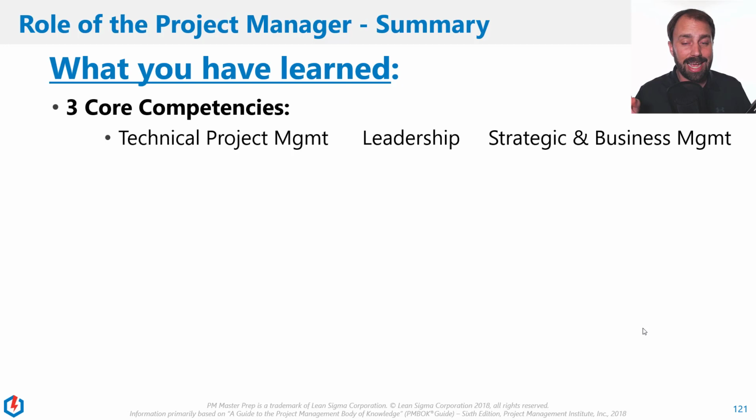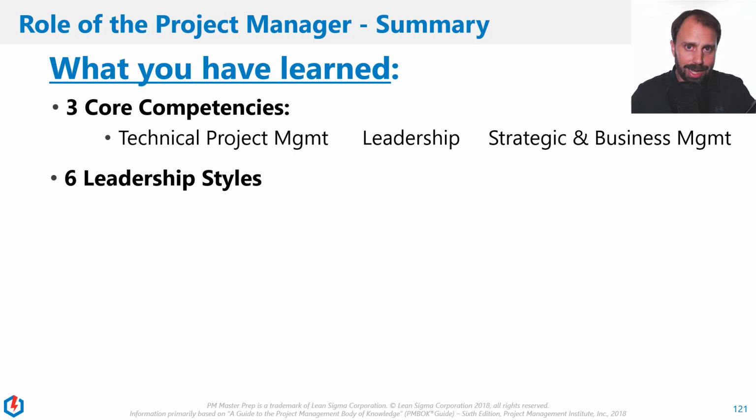And remember, they're technical project management, leadership, and strategic and business management. That's the triangle. Remember that triangle? And then we had the 6 leadership styles. In the 6 leadership styles, what you want to be able to do in the exam is to identify them and to understand how those people would run projects. They probably run projects differently, and you want to be able to recognize that.